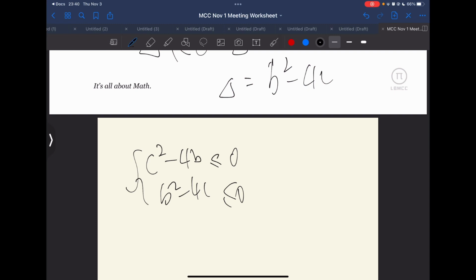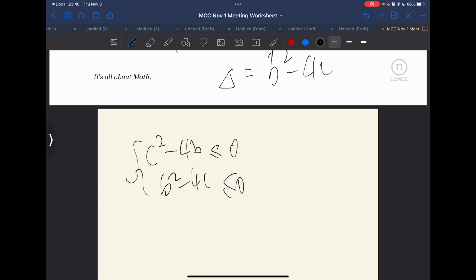And we can first square the second inequality, and we get b to the power 4 smaller than or equal to 16 times c squared.